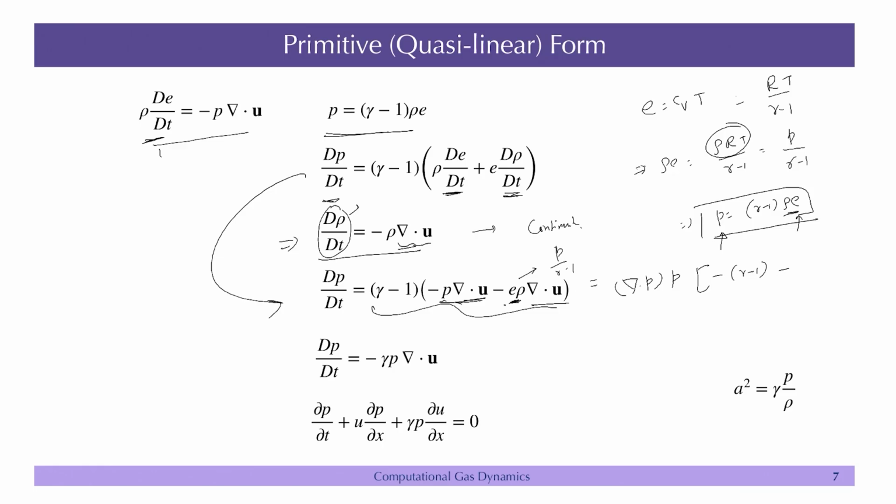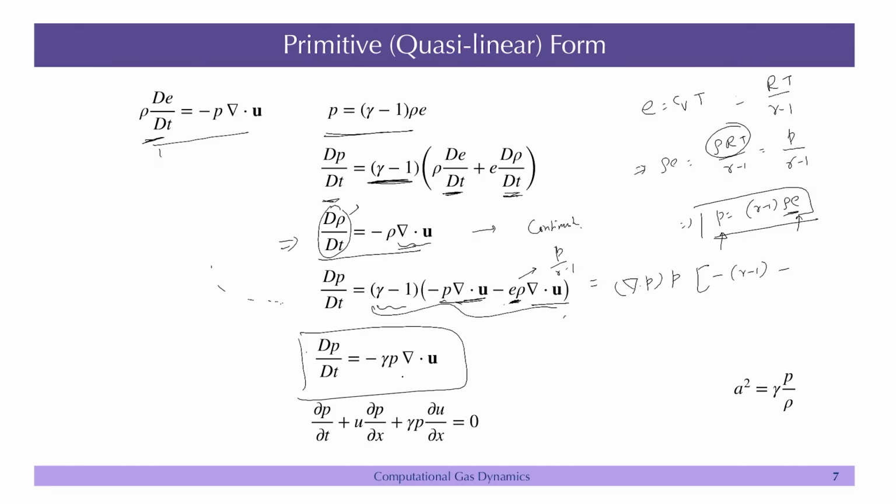I think there is probably some mistake here. Okay, let me just check. So, this is gamma minus 1 and then rho dE by dt. Let me just work it out from here, or maybe you can just go back and check it. Okay, ultimately the minus p and plus p will get cancelled out.